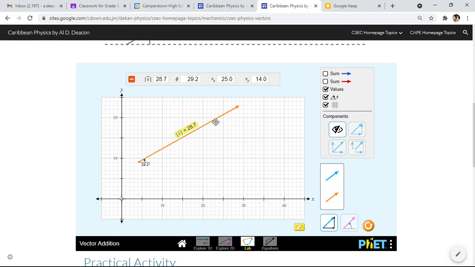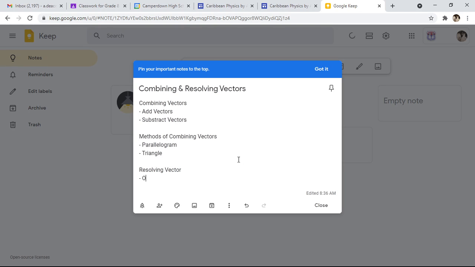You have a vector this long, and you want to get vectors that break up to give you this. Instead of using a ruler and a protractor, we use mathematical concepts now, and the mathematical concept that we can use is the Pythagoras theorem.